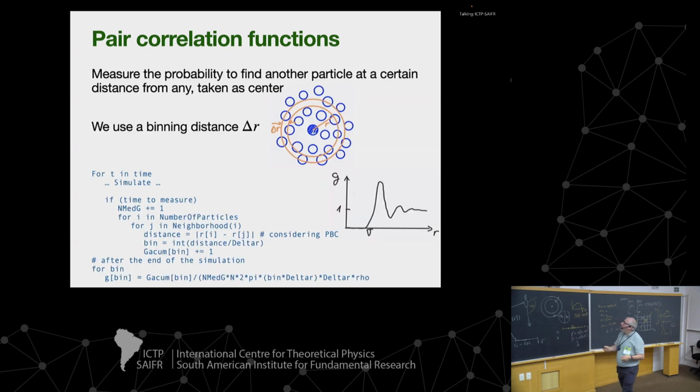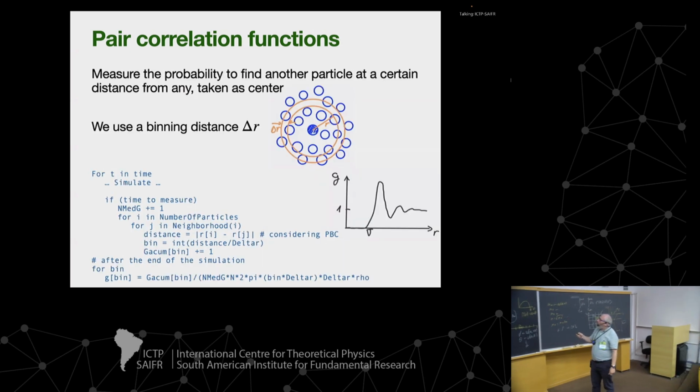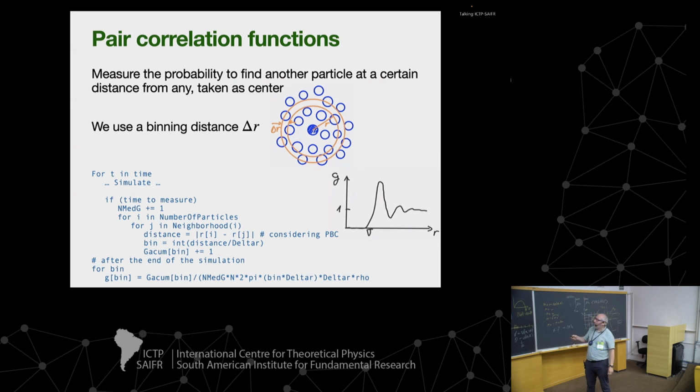Okay, so how do you measure that? You do something like this. You run over time, and you simulate everything that I just explained. Now, when is the time to measure? This is a relevant question. Typically you start measuring after some transient, because the system takes some time to reach steady state.